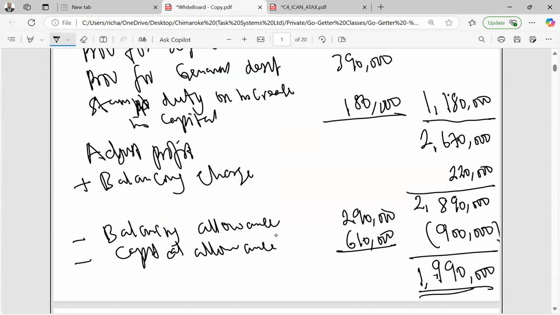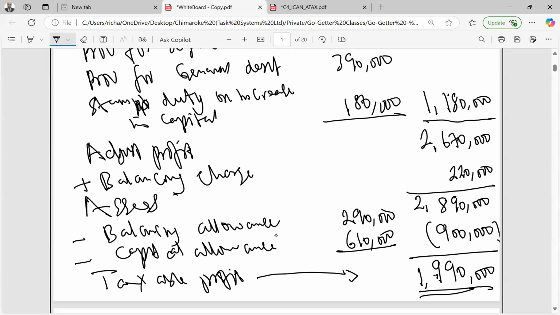So this will not be your taxable profit, and this is supposed to be your assessable profit.